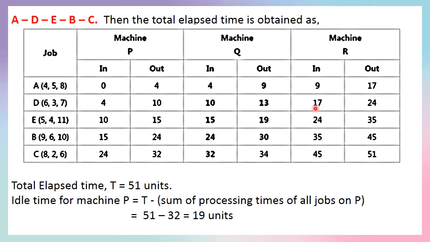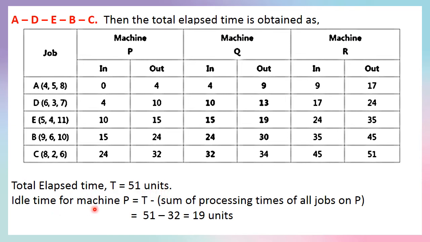And how much time is required for that? 7 units. So 17 plus 7 is 24. This way we finish the entire process of all the jobs on 3 machines. The total processing time required is equal to 51 units. That is the total elapsed time, capital T is equal to 51 units.